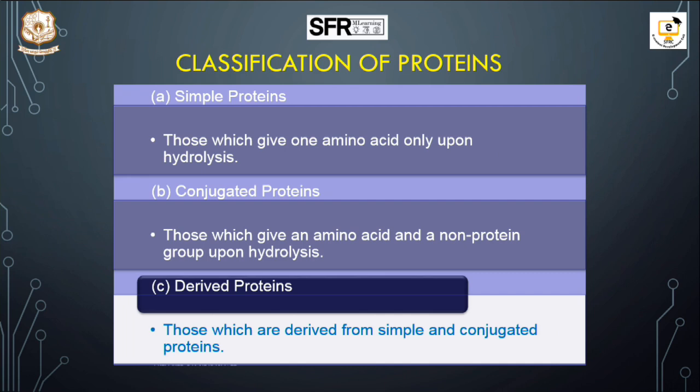When a conjugated protein is subjected to hydrolysis, it yields amino acids plus the prosthetic group. Derived proteins are formed when simple and conjugated proteins are subjected to several reactions.